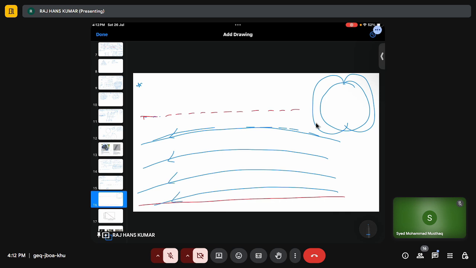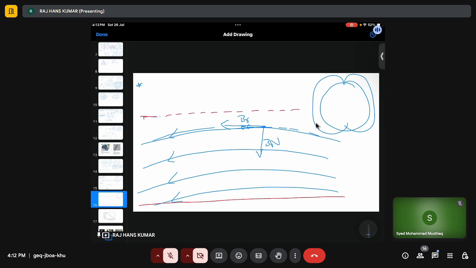Now you can resolve this magnetic field in two directions. If you take theta here, then you will have B_R and B_N. This is the Earth's magnetic field, and we call theta the angle of dip in many cases.